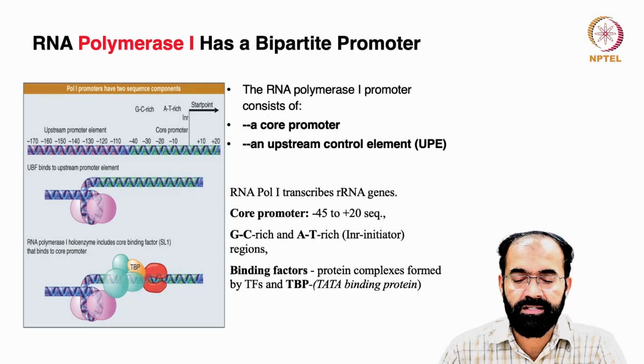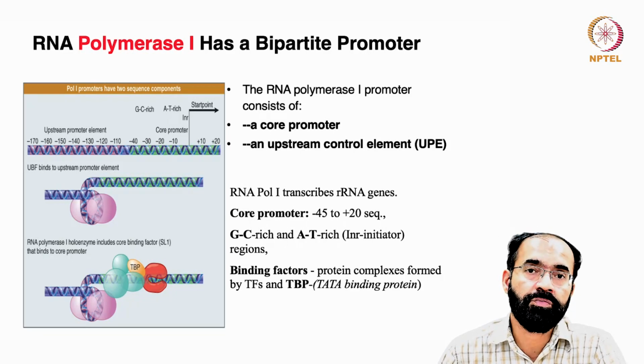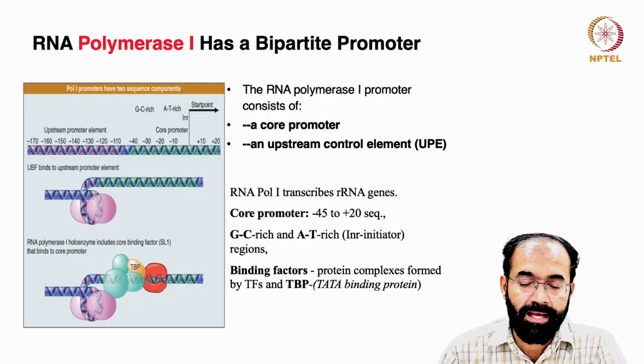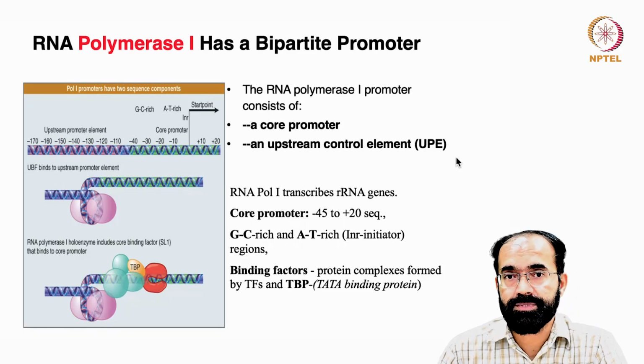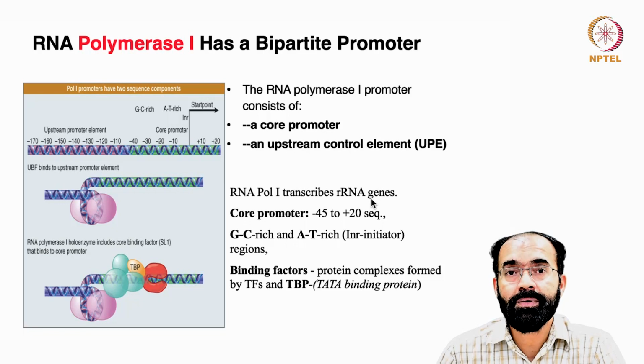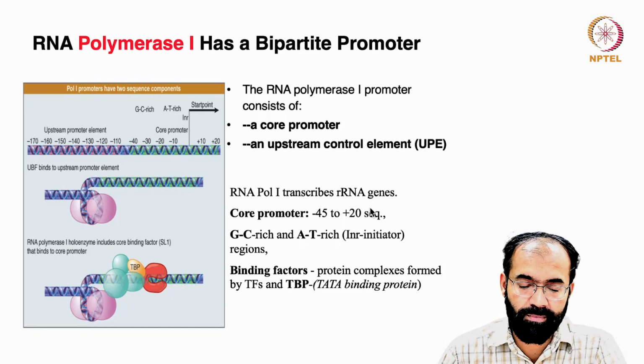Both are important for the functionality of polymerase I, but it is less complex compared to polymerase II. RNA polymerase I transcribes ribosomal RNA genes except the 5S ribosomal RNA gene.